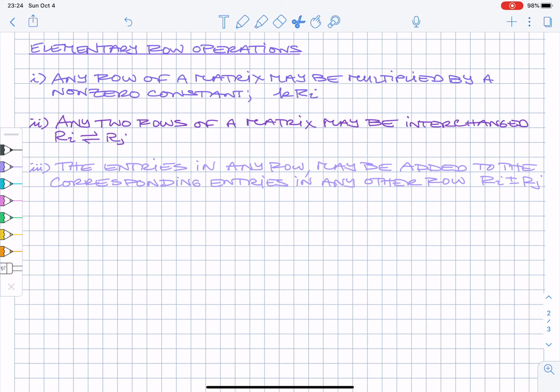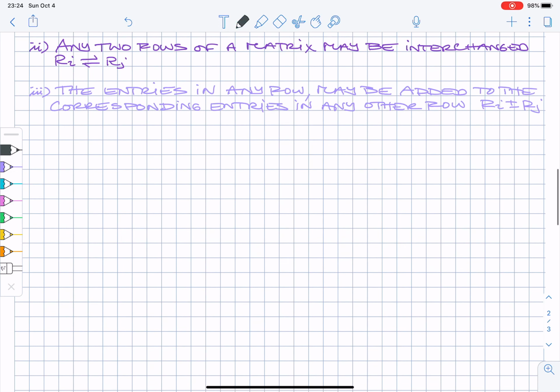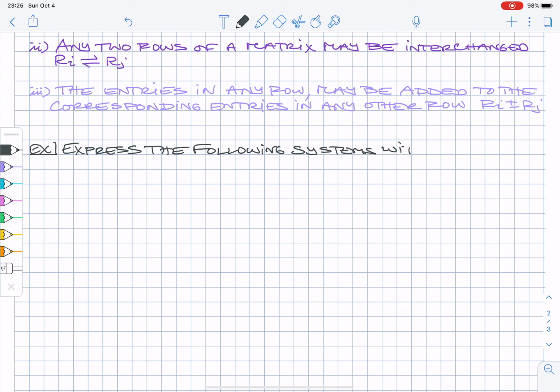Okay, so for example, express the following systems with an augmented matrix.